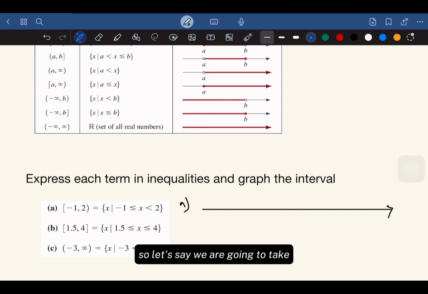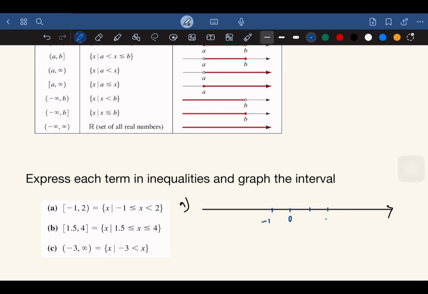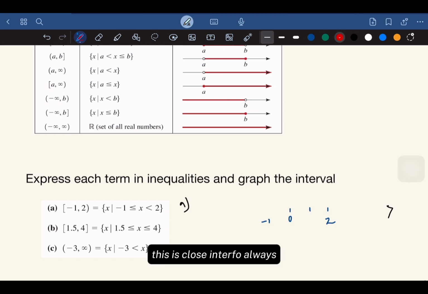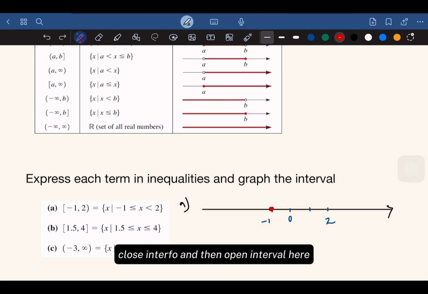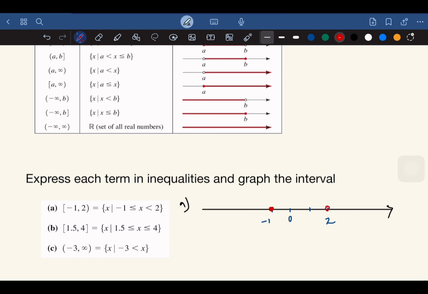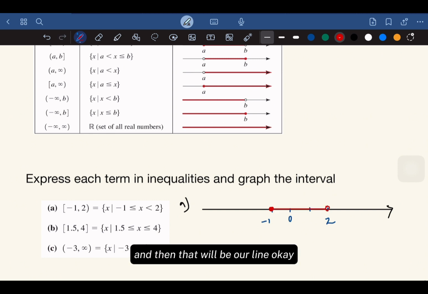So let's say 0 is here, -1 here, 2 is there. This is a closed interval, and then an open interval here, and that will be our line.